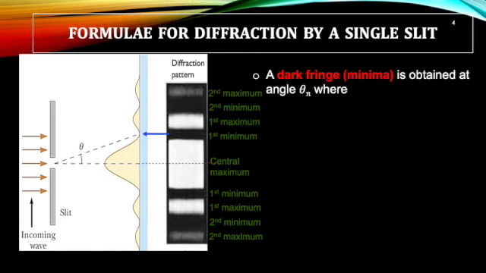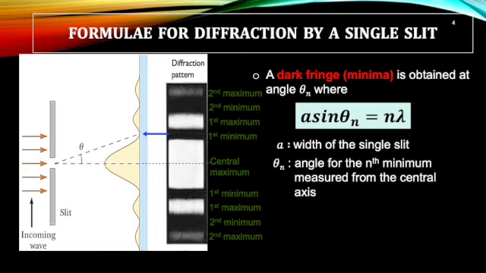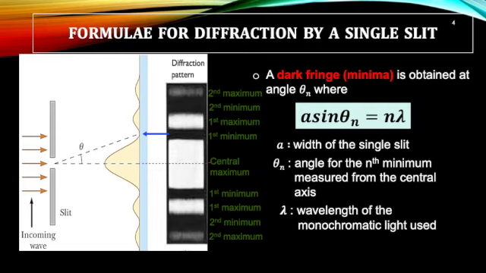A dark fringe, which is a minimum, is obtained at the angle where a sin θn is equal to nλ. Here a stands for the width of the single slit, θn is the angle for the nth minimum measured from the central axis, λ is the wavelength of the monochromatic light used, and n is the order number, which is n equal to 1, 2, 3, and so on.